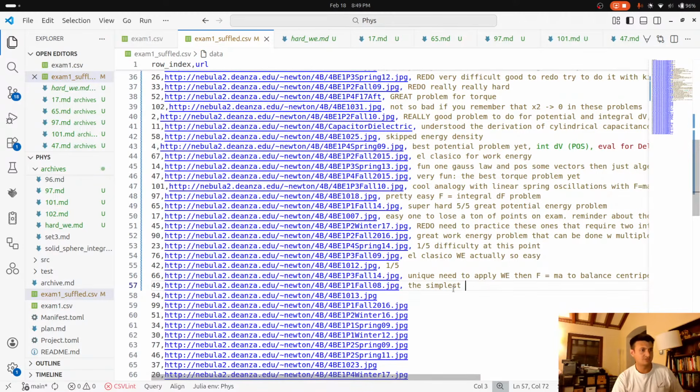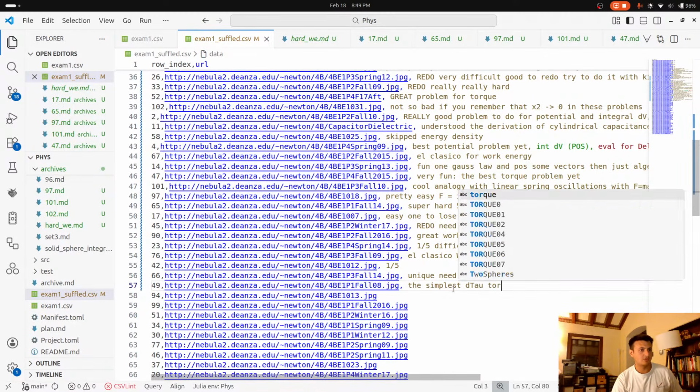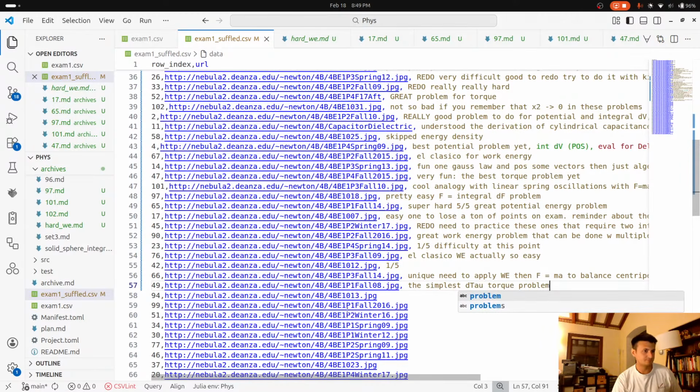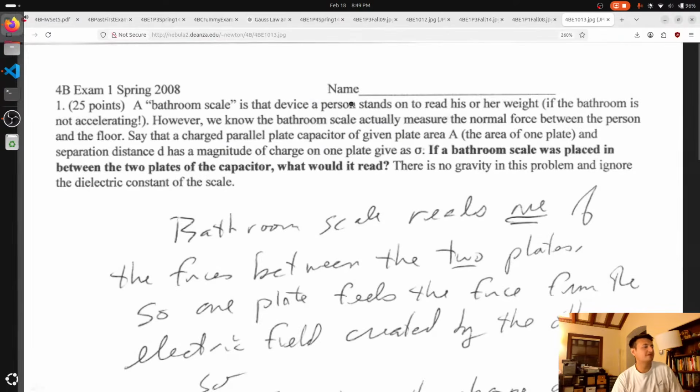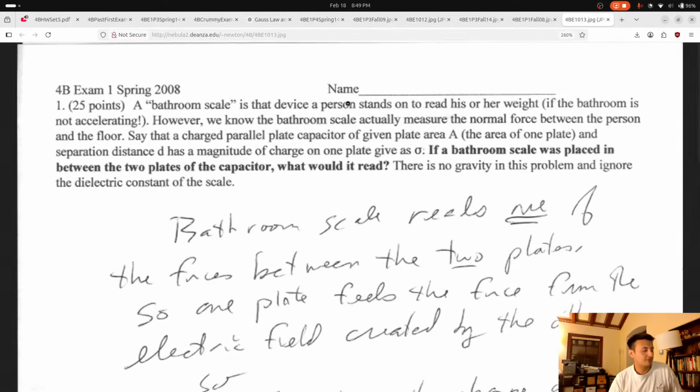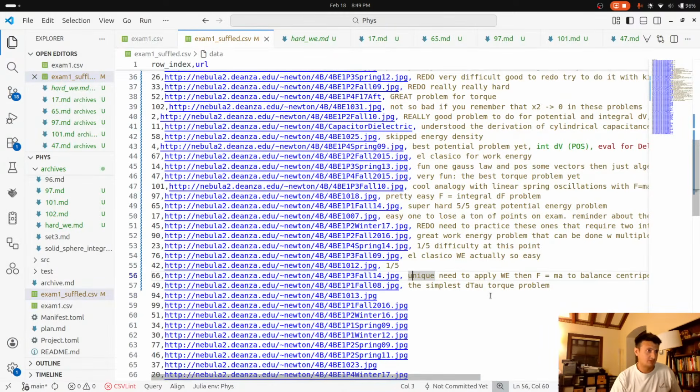The simplest integral, d tau, torque. Okay, wait. Actually, wait, hold on. I want to see. Redo.